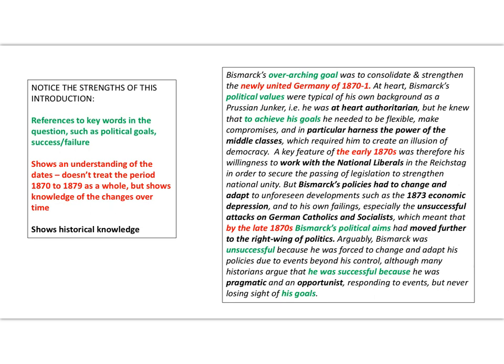Arguably, Bismarck was unsuccessful because he was forced to change and adapt his policies due to events beyond his control, although many historians argue that he was successful because he was pragmatic and an opportunist responding to events but never losing sight of his goals.